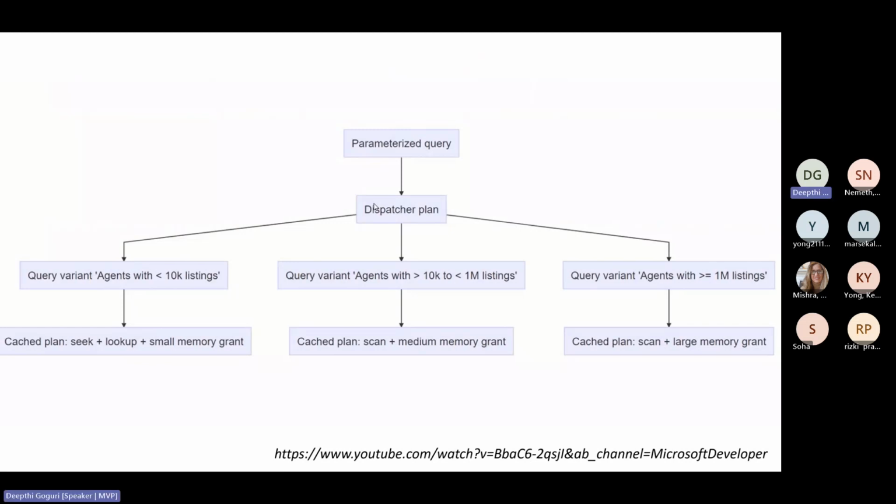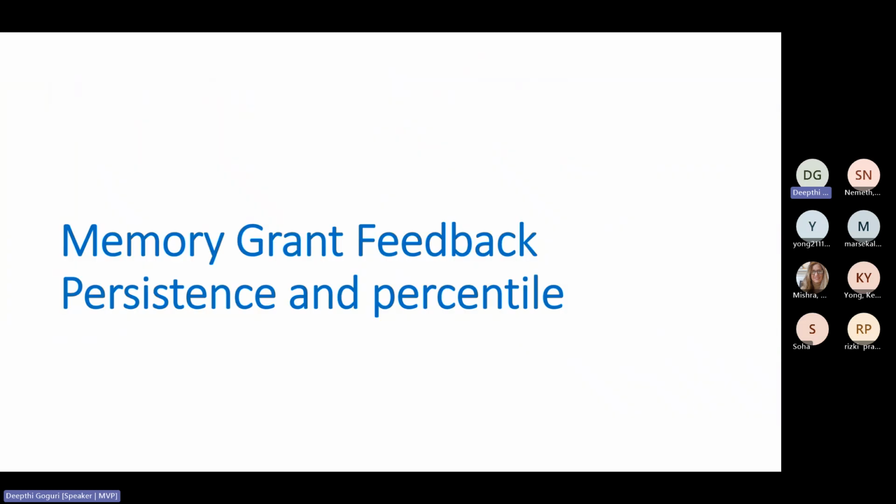Most of the time it uses the equality parameters, for example in the where clause, like where agent id is equal to, it will search on those equality operators and then apply this logic. So that's how the parameter sensitive plan optimization works.